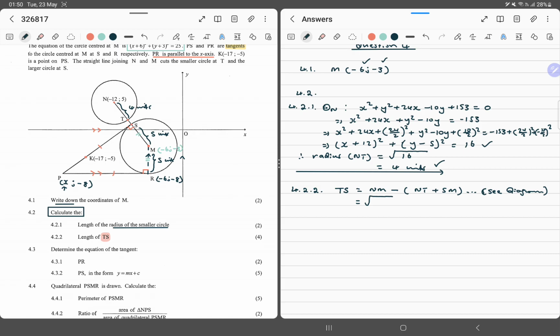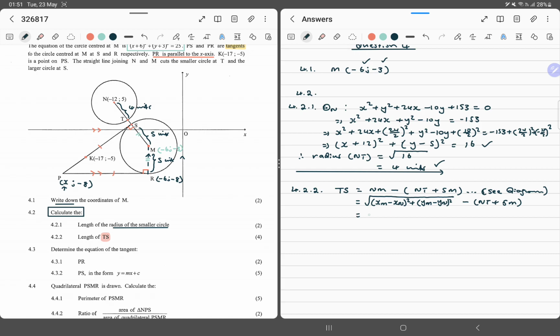NM is going to be the distance formula of, now here you don't need to be writing formulas, but maybe let's just do it. It's going to be x at m minus x at n squared plus y at m minus y at n squared, then minus these ones, NT plus SM.